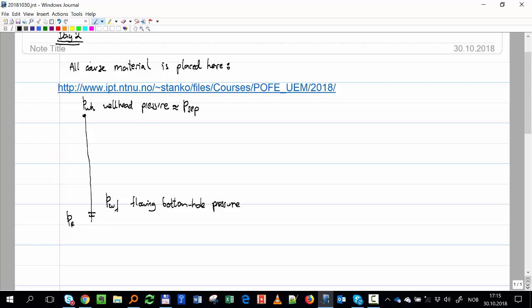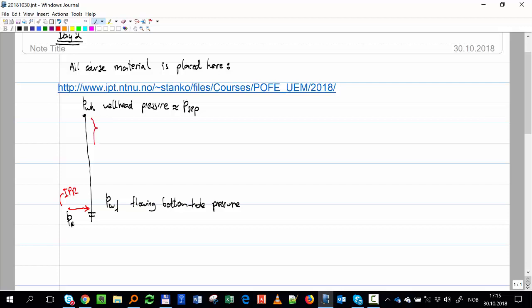So we have to make our equilibrium calculations. We have to go from the reservoir to that bottom hole, and that we do with one equation called IPR, that we are going to discuss in detail maybe today, maybe tomorrow, if we have time.